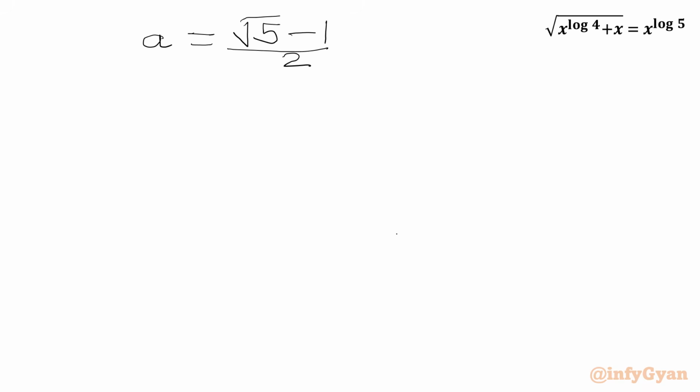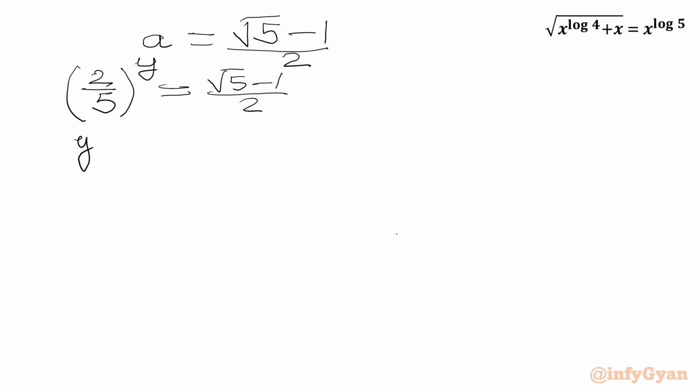Now a was our substitution 2 over 5 whole power y. So we will write 2 over 5 whole power y equal to root 5 minus 1 over 2. Now we know that if a power b is equal to c, then b will be equal to log c with base a. So y will become log of root 5 minus 1 over 2 with base 2 over 5. Now y is also our substitution, log x.